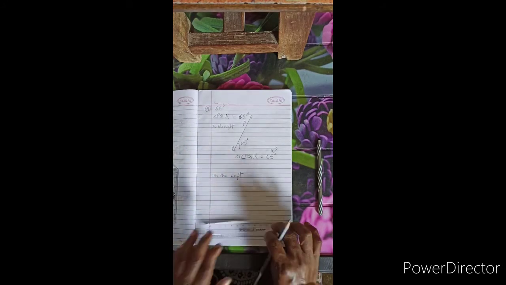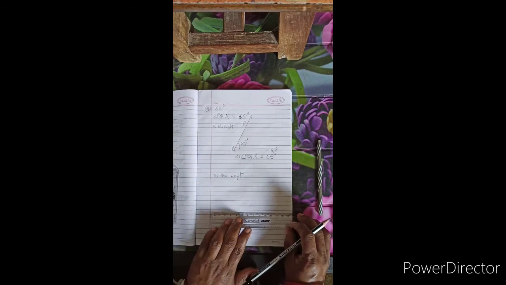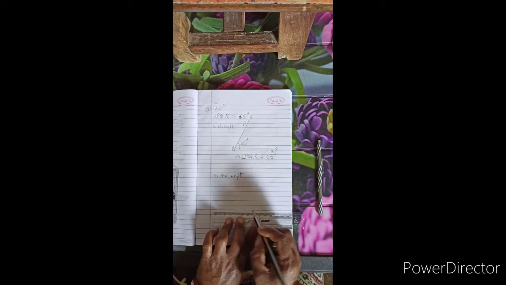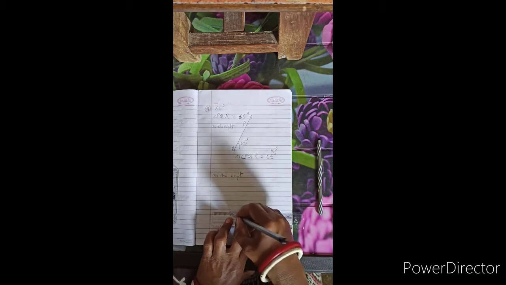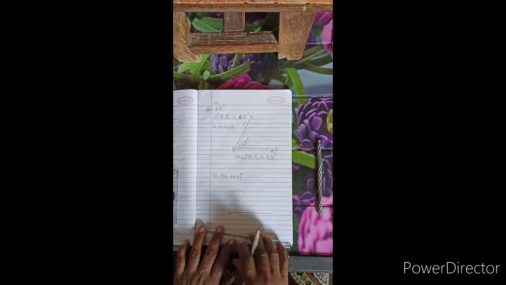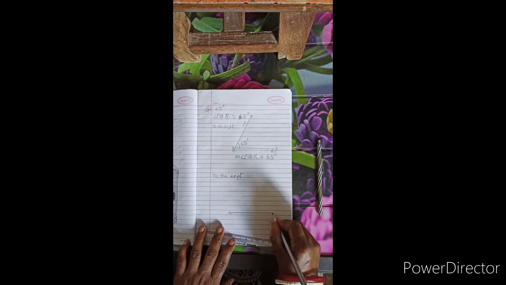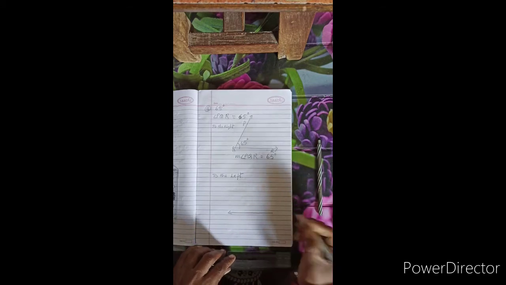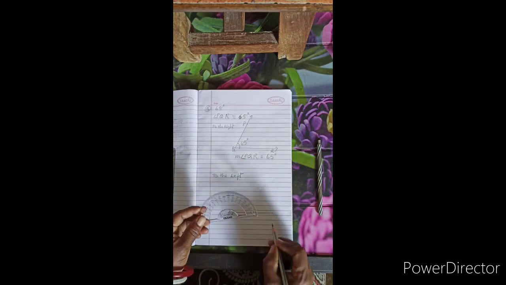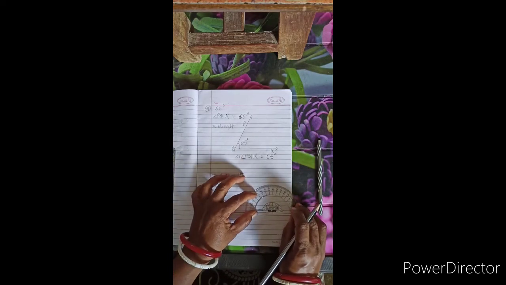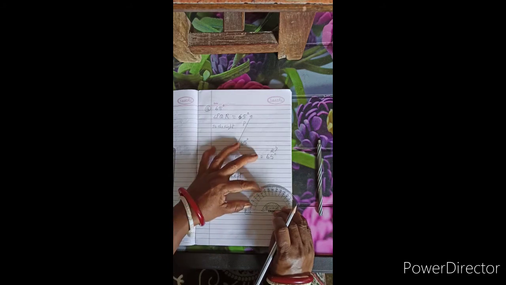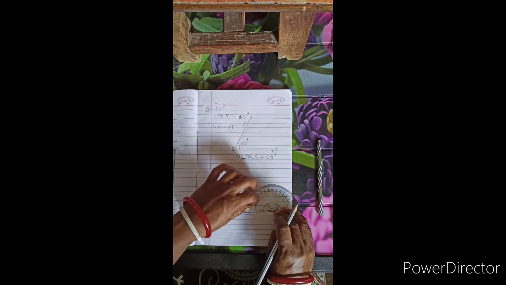So again take the scale, draw the base ray between the two lines in the middle. Draw a ray, and the ray must be towards the left. This is the point here. Now take the protractor, keep this point on this point. Now your pencil line is towards the left of the protractor.